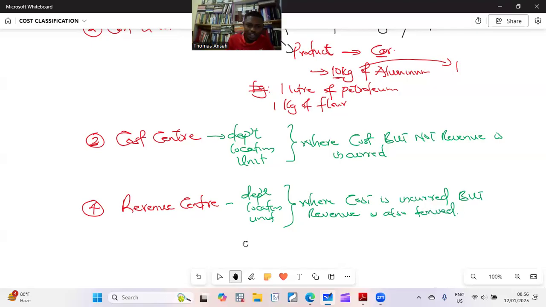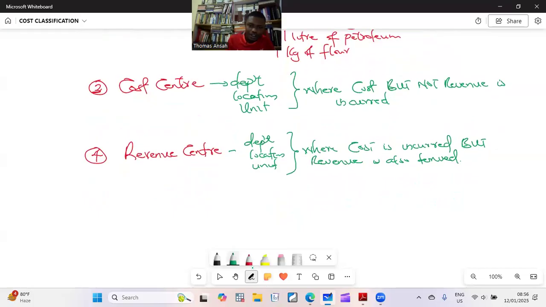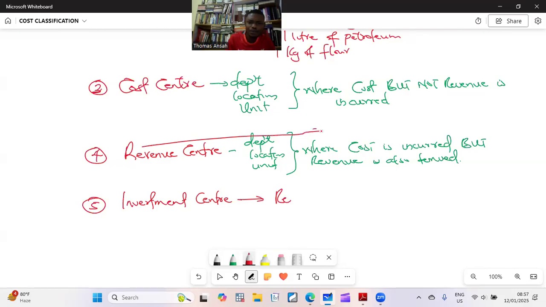But better still, we have another one called investment center. Investment center. So this one, it is a revenue center. A revenue center in financial reporting, we call it a cash generating unit, a CGU. All right, cash generating unit.